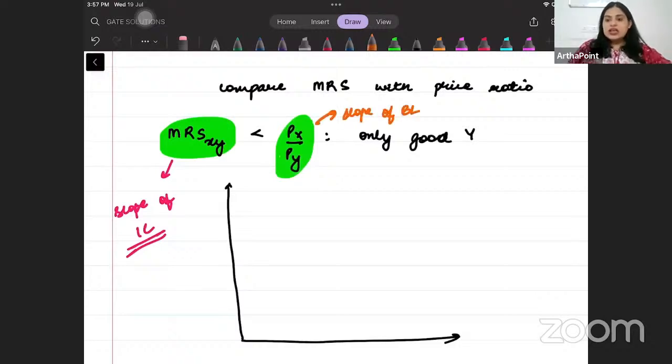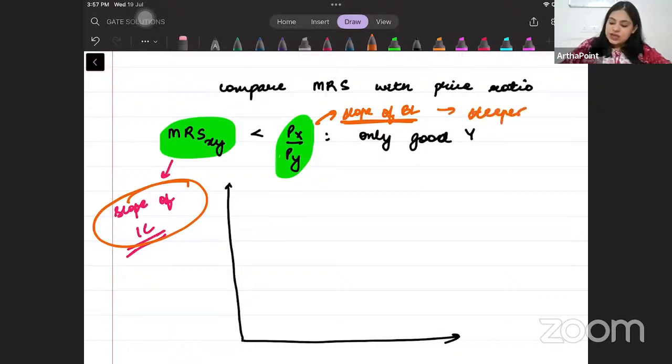So we are seeing that the slope of budget line is more than the slope of IC. जिसका भी slope ज्यादा होता है, whichever thing has a more slope, it is always steep. So budget line को मैं steep line बनाना पड़ेगा.